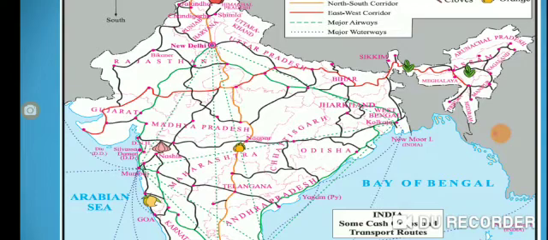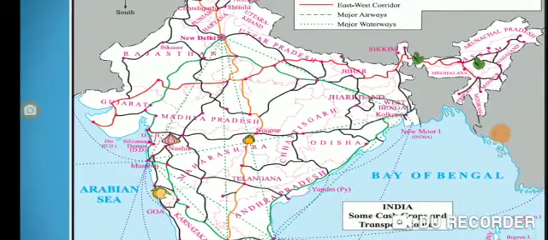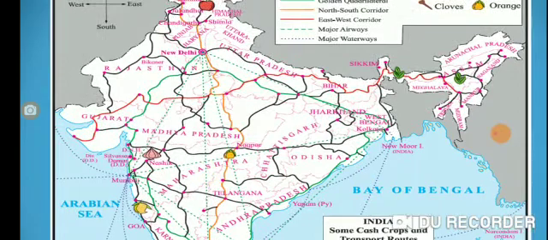So from Nagpur, you will enter one other state. From Maharashtra, you enter Madhya Pradesh, and from there you move on to Rajasthan. And how are you going to do that? So now just follow this route. See this orange route over here.